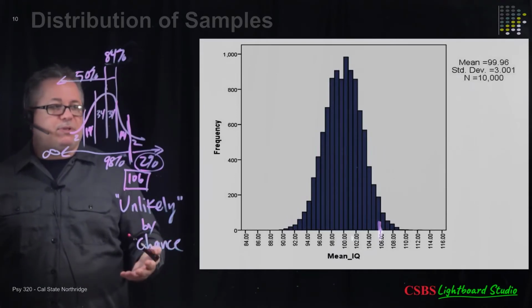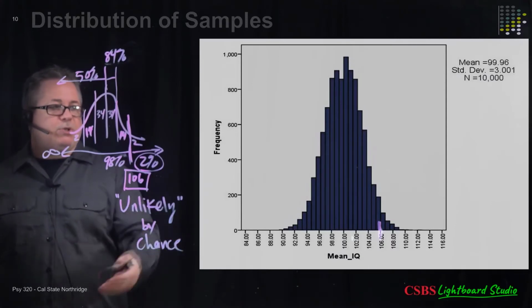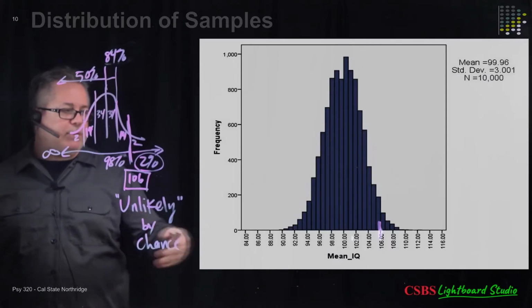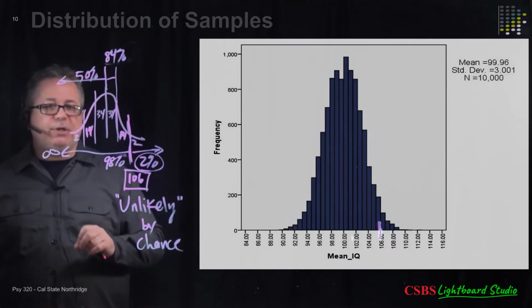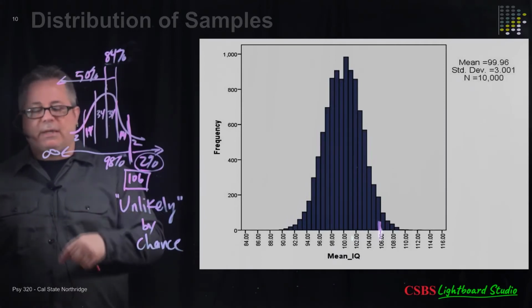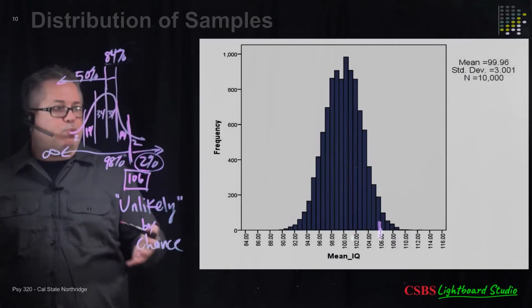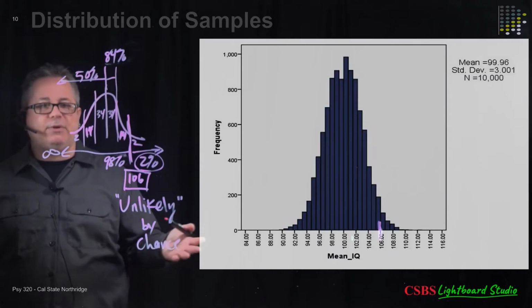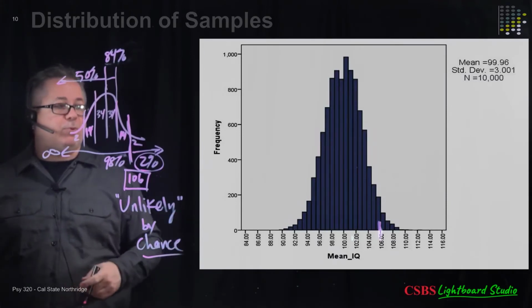So there's two options. IQ Plus worked and moved people up, or we just randomly got to 106 by chance. If 106 by chance seems unlikely, then IQ Plus seems like a better explanation, because chance seems so unlikely.